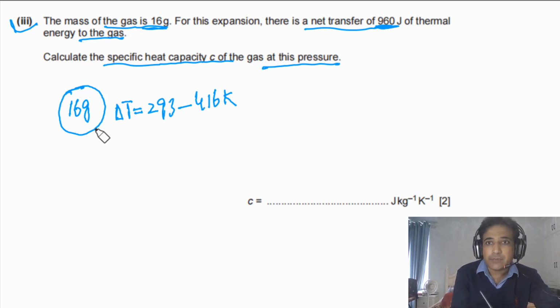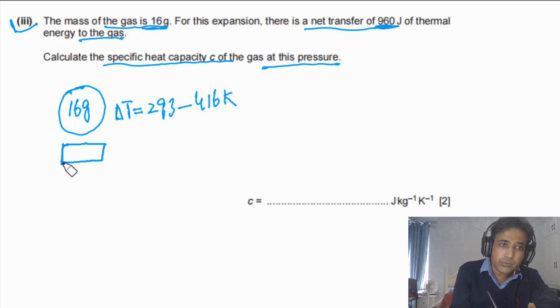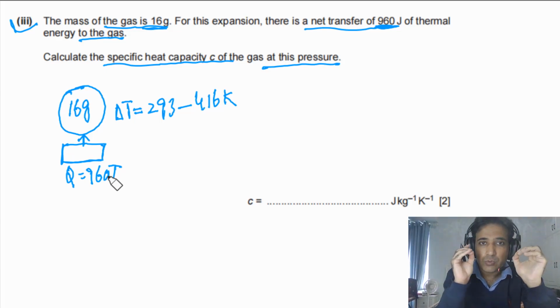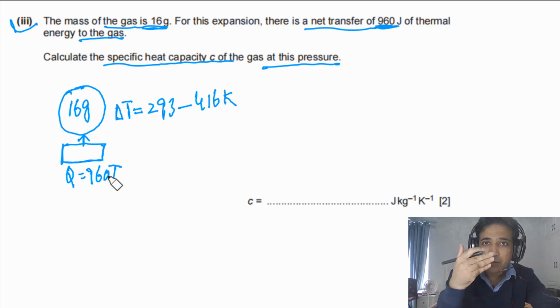And the value of Q we have: the amount of thermal energy supplied to this gas, Q, is equal to 960 joules. So in this way you can visualize, not just look at the formula, use the formula and find the answer. You can visualize what is happening.